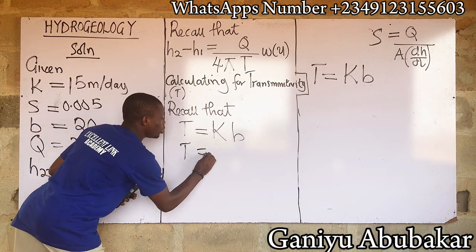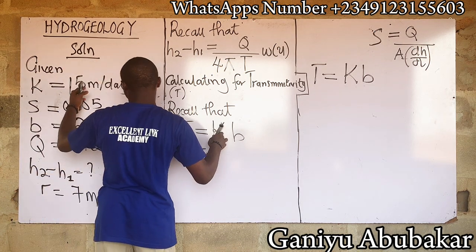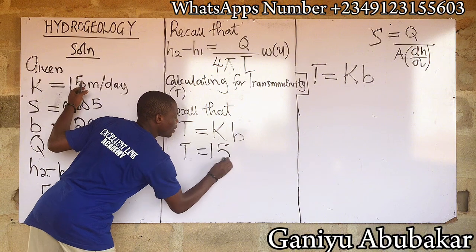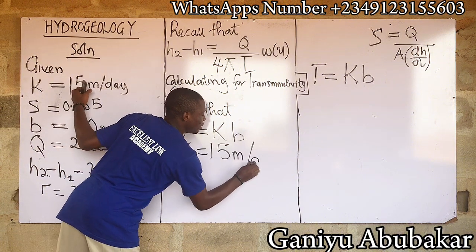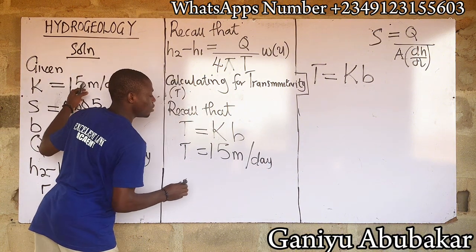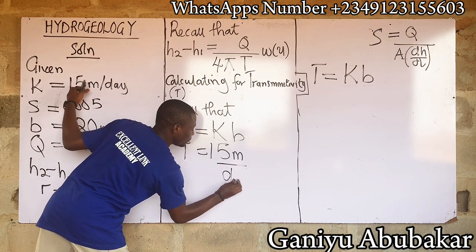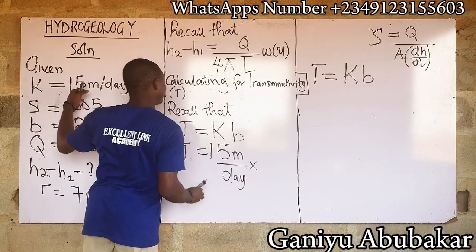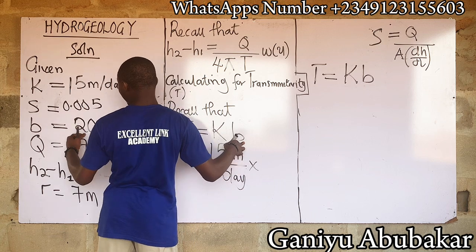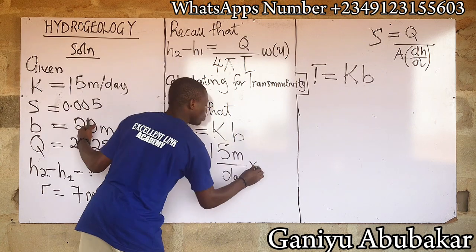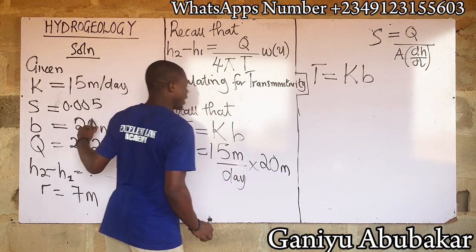Now T is equal to, what's your K? That's 15 meter per day, multiplied by the thickness B, that's 20 meters.